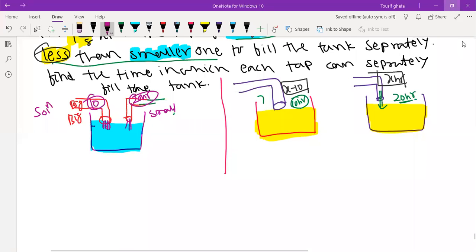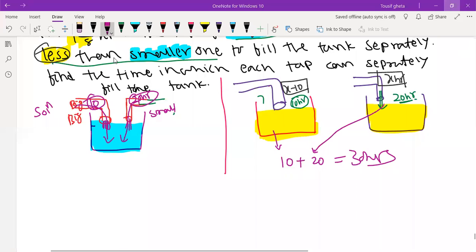Now listen, everybody, properly listen. This is very important. You mean to say that 10 hours for this pipe plus 20 hours for this pipe, total time taken to fill this tank is 30 hours. Do you agree, boys and girls?